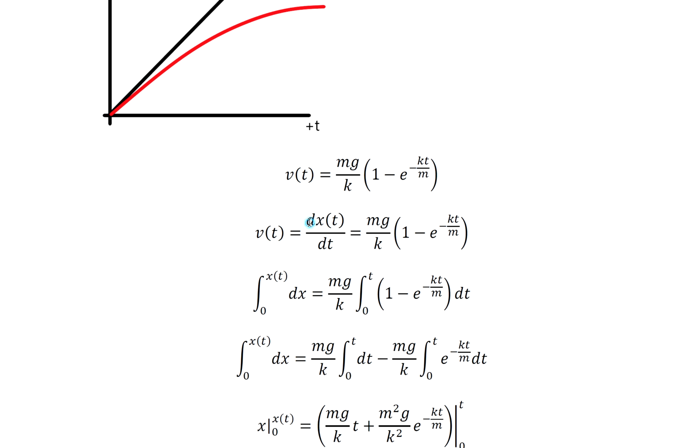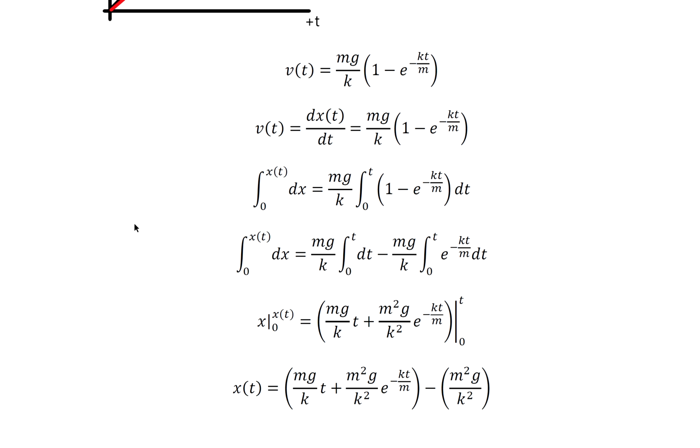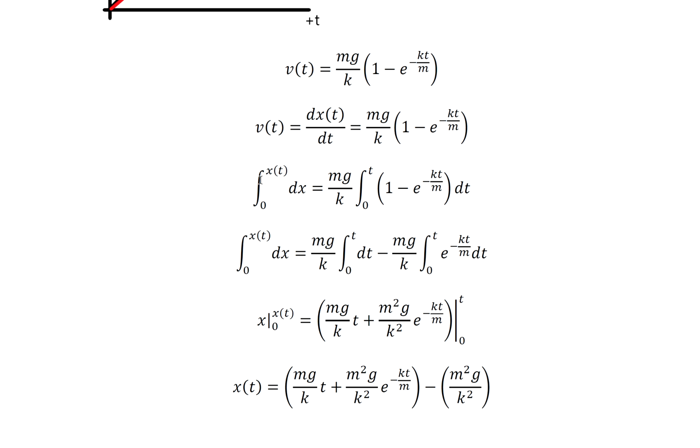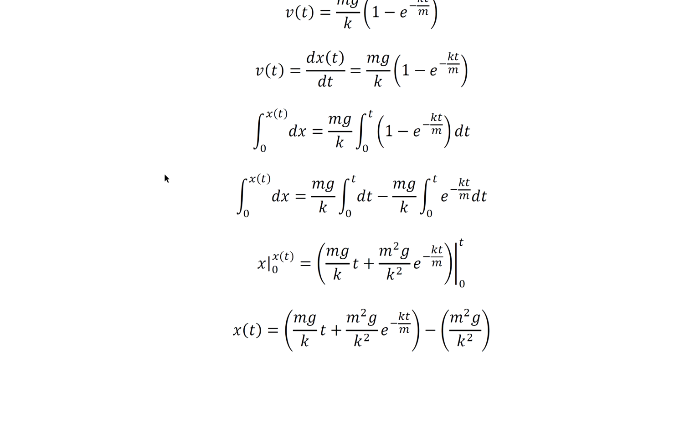We know velocity is dx over dt. Let's multiply both sides by dt, and this becomes a definite integral. I'm going to separate the integral on the right hand side into two integrals.